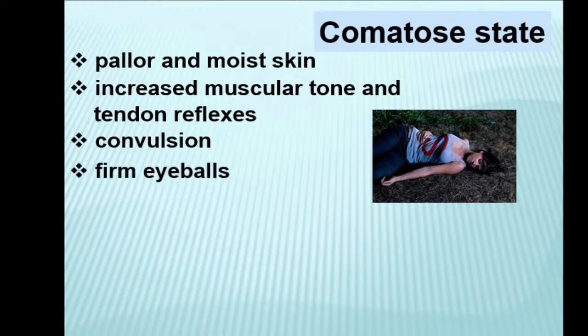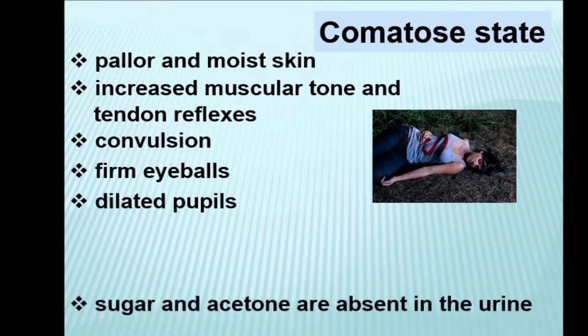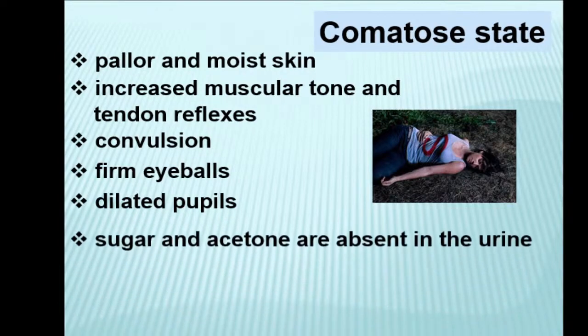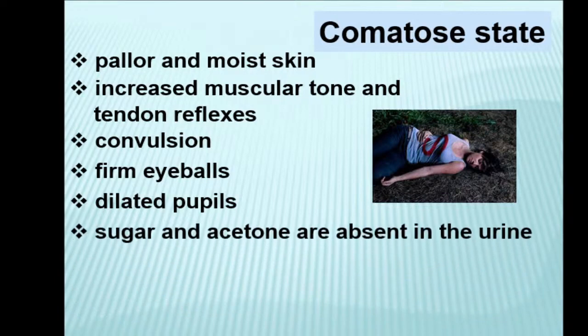The eyeball on touching is also firm, in contrast to hyperglycemia. Pupils are dilated, but objectively we can establish the disease only after examination of blood sugar.